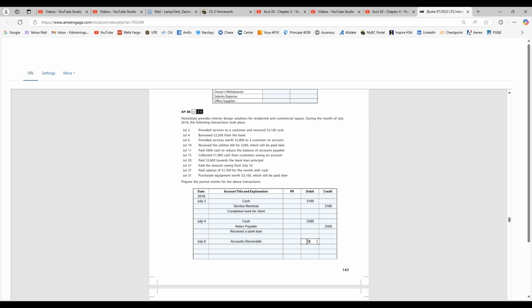We provided the services, we earned the revenue, so that'll be our credit, increasing revenue, but we have not yet been paid by the client. And so we will book it in as accounts receivable, or an amount to be received in the future. Put in a little explanation there.